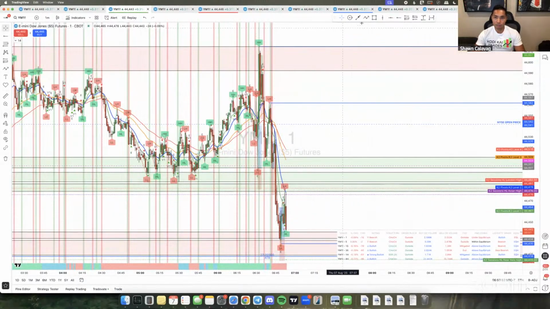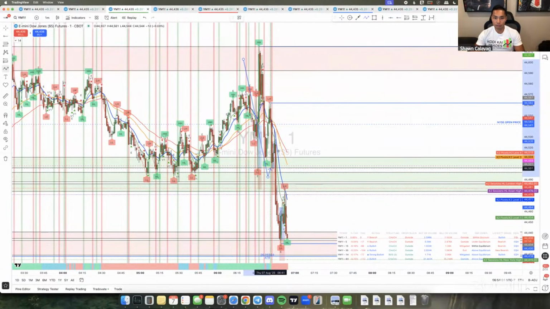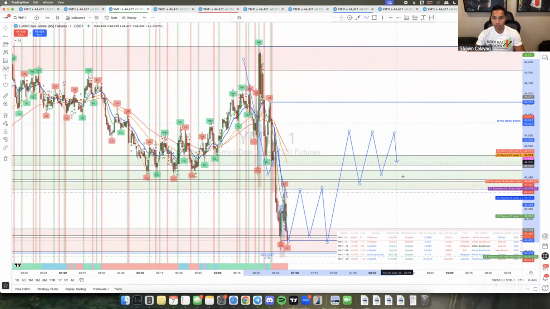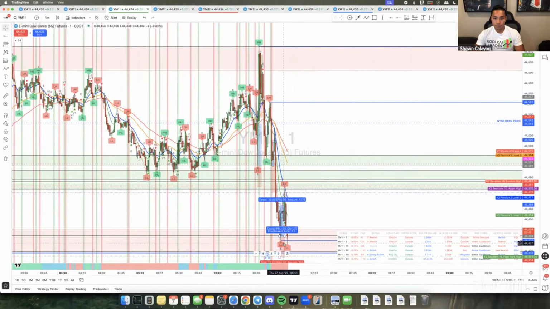I would have expected a range to just sit right here down the middle, not a drop down here, but basically what happened was price broke down and now it's ranging down here. So I think if price pushes back up, it's probably going to range right here for a bit and then possibly go back up higher. Another possible sweep right here at the 430.